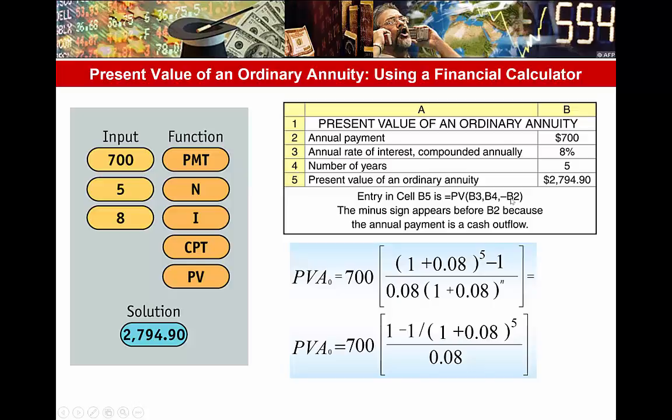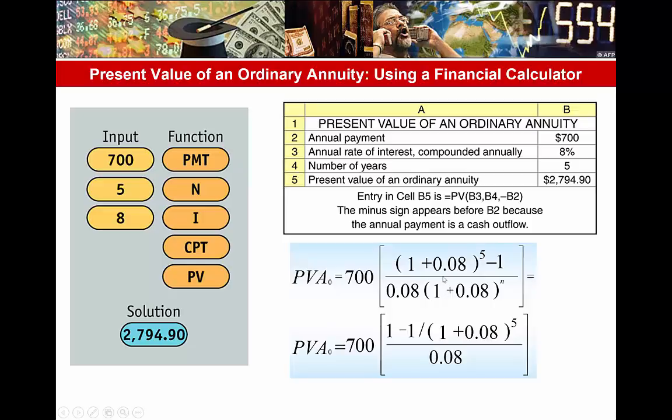Again, we enter this as a minus sign to get $2,794.90. If we enter this as just B2, we will get minus $2,794.90. So we should be conscious of that, and either we can put a minus sign outside of the function in here, or we could input 700 as minus.